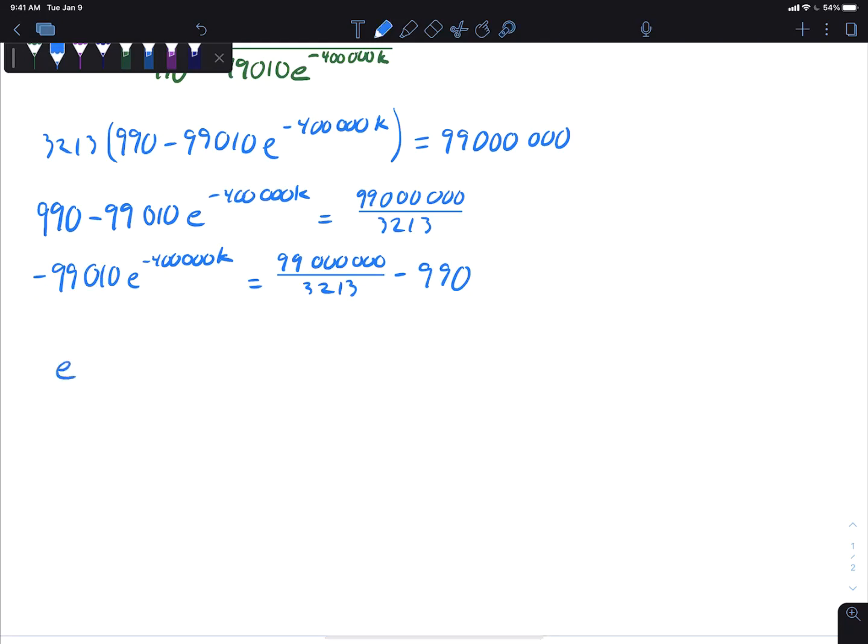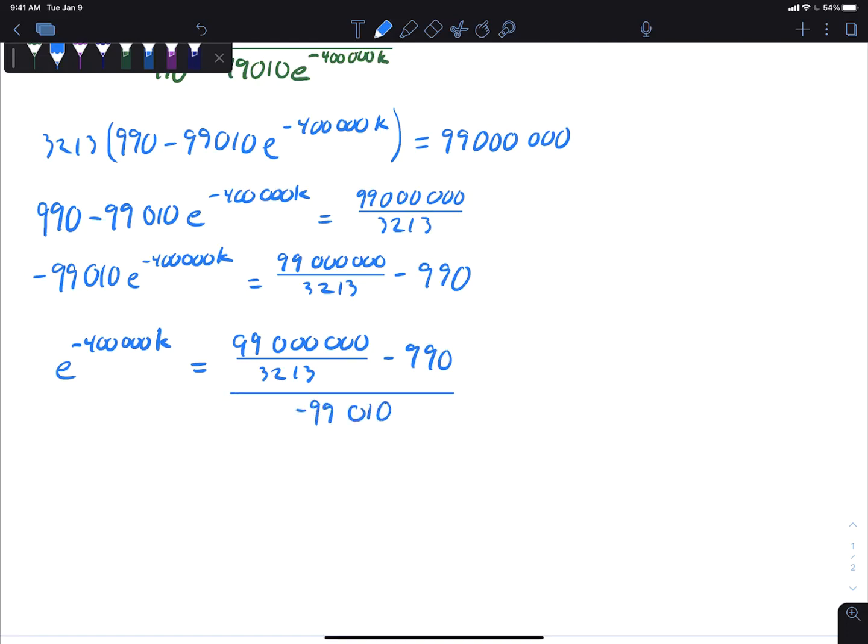So e to the negative 400,000 k is going to equal that 99 million over 3,213 minus 990, then all of that will be over that negative 99,010.